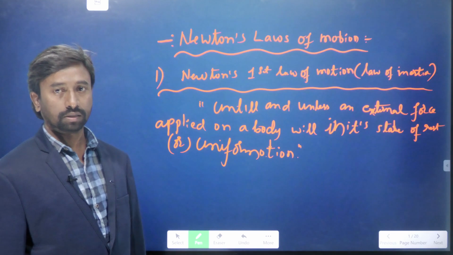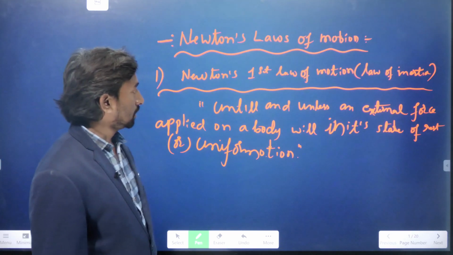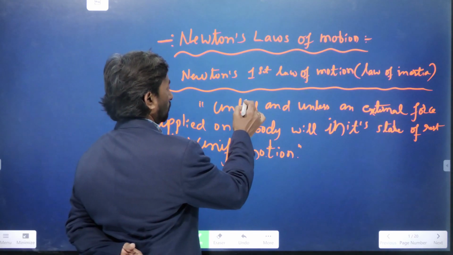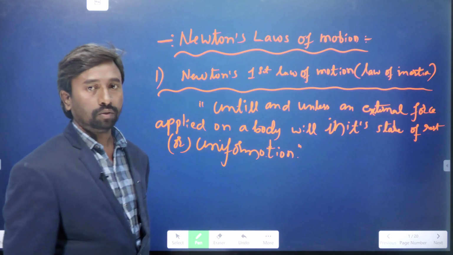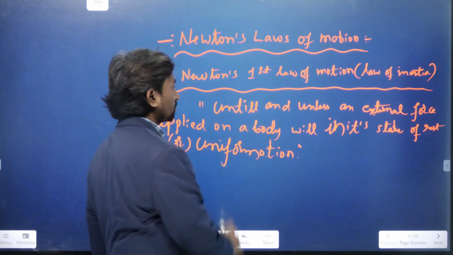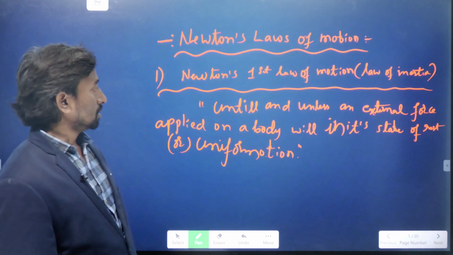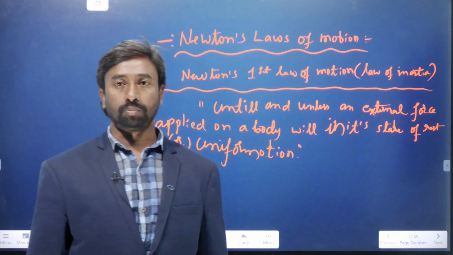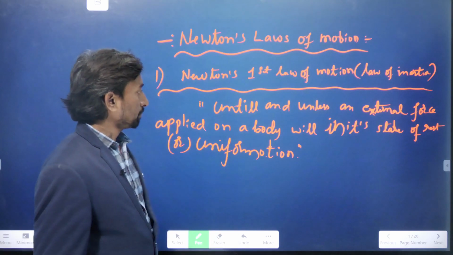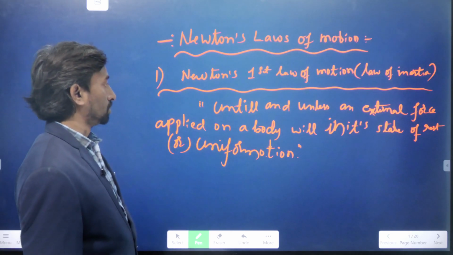By observing the experiments done by Galileo, Newton did some more experiments, and he concluded with this statement: until and unless an external force is applied on a body, the body will be in its state of rest or uniform motion.